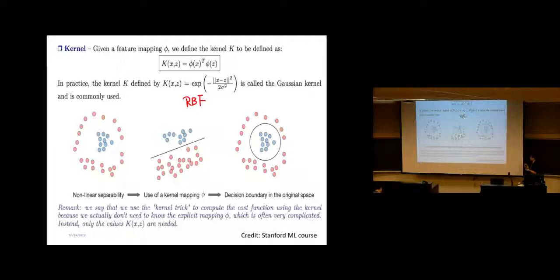It's equivalent to learning a nonlinear boundary function in the original x space. So when we say that we use the kernel trick, which is very important for SVM, we use the kernel to compute the cost function. Don't worry, we're going to talk about how to compute it later.